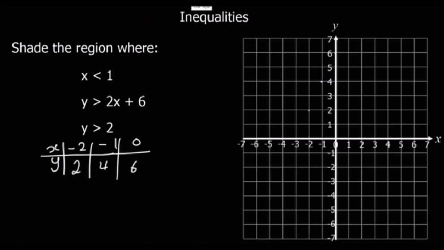So we're going to get our dotted line and we're going to draw these lines on. Okay, so X is less than 1, so X is 1 down here. So draw my dotted line there. Y is bigger than 2, so Y is 2 along there.